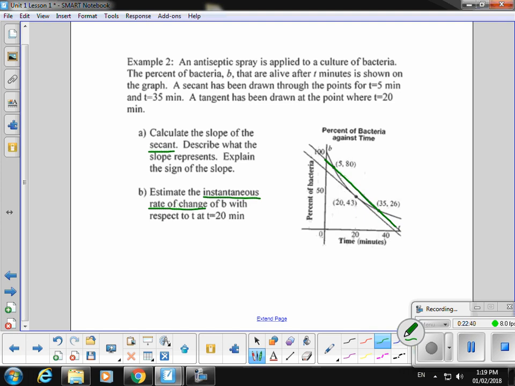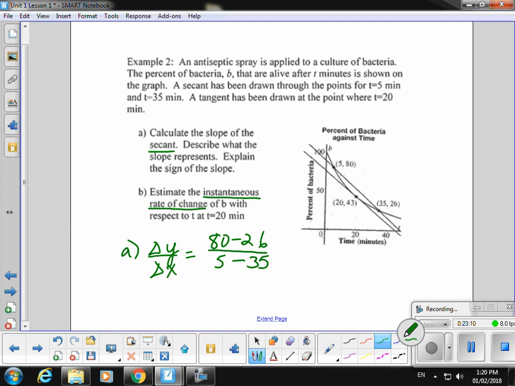Okay, so if we're looking for that secant slope from time 5 to time 35, I am looking for delta y over delta x. So my secant slope would be from 80 down to 26 in 5 to 35 minutes.